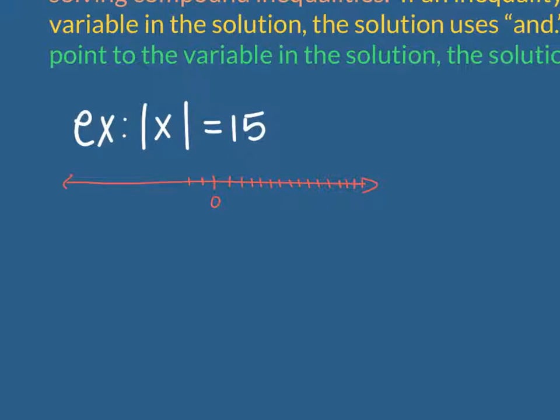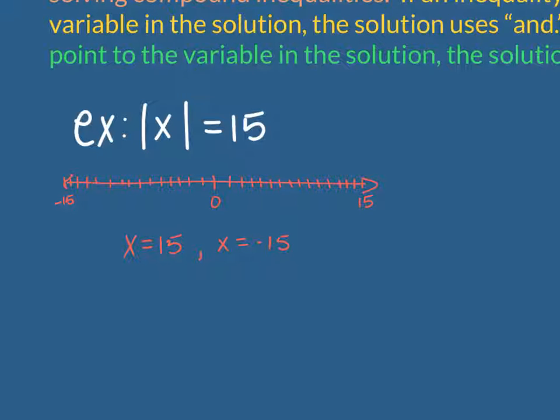And again 15 the other way. If I move 15 away to the right, this is a positive 15. And if I move 15 away to the left, this is a negative 15. Another way to think of it is that you have a positive value and a negative value of whatever's on the right. So you have x equals positive 15 and x equals negative 15.